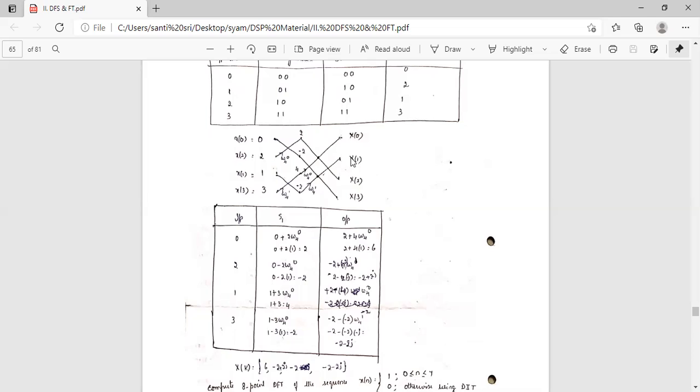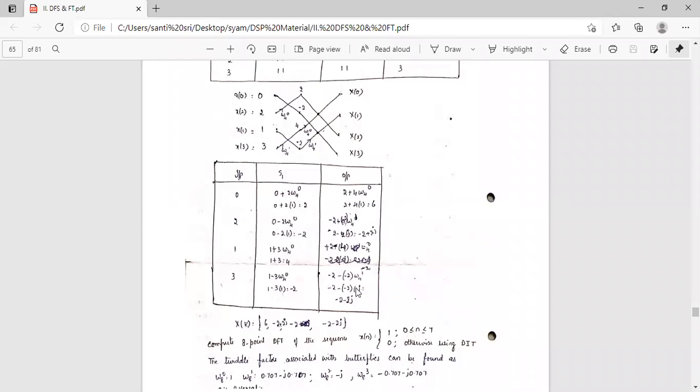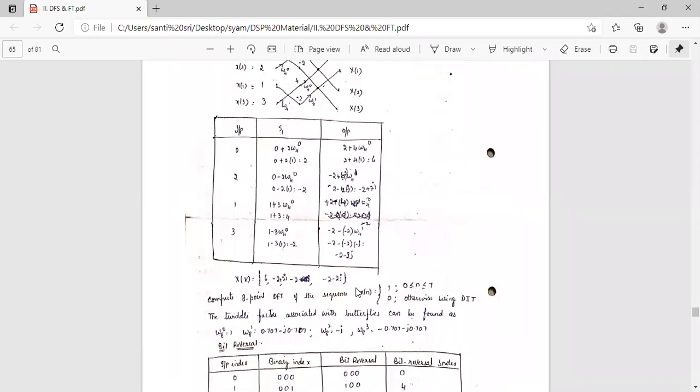So this is minus 2 minus j into minus 2 plus, so it is minus 2 plus 2j, right? This value. Like this, we can calculate all these values. So finally X of k is 6, minus 2 plus 2j, minus 2, and minus 2 minus 2j.